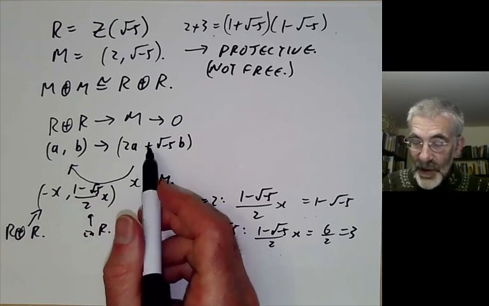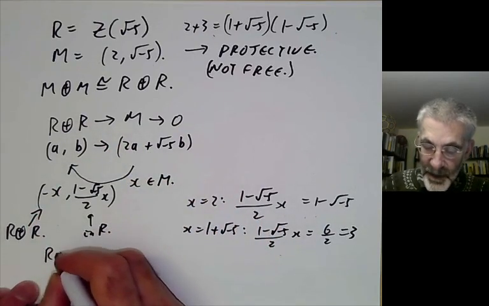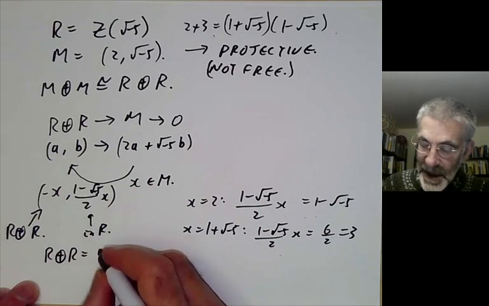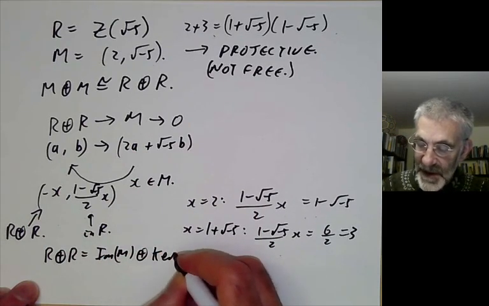And since we've got a map back the other way, this means that R plus R is equal to the image of M plus whatever the kernel of this map is.